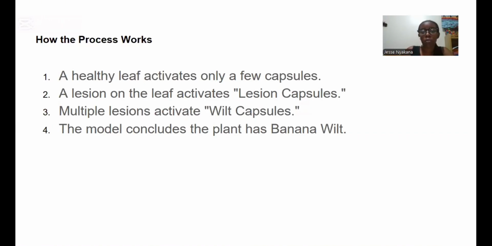Then a lesion on the leaf will activate lesion capsules, and this will be a bit more, showing that this leaf has lesions, so it could potentially have bacterial wilt. Then multiple lesions activate wilt capsules. So the model concludes that this plant has bacterial wilt based on the fact that it has identified multiple lesions on the image of the leaf that you have sent in as input.